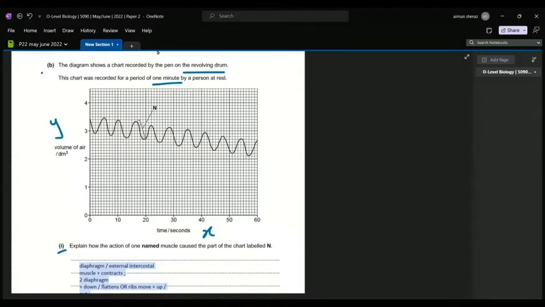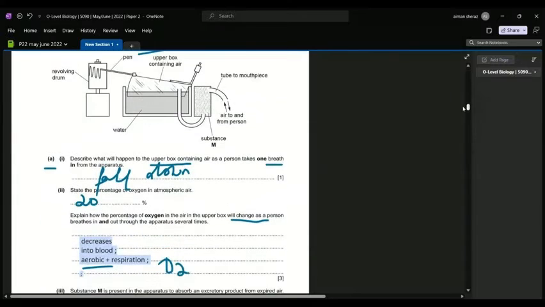In part 1, explain how the action of one named muscle caused the part of the chart labeled N. We have to identify which muscle had caused that to appear. If we look in part 1, we said when we inhale, the upper box containing air will fall down.